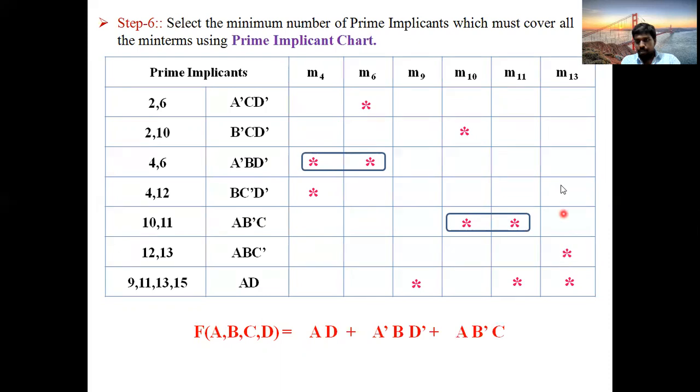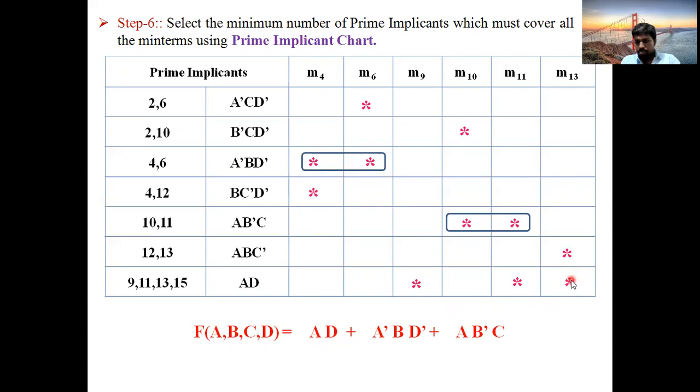Next, the only thing remaining is M13. These two cells can be taken, either this one or this one. Already this cell is taken into the answer AD. See, as per the rule, either you can take this one or this one. But this value is already taken into the answer, so you can skip this.